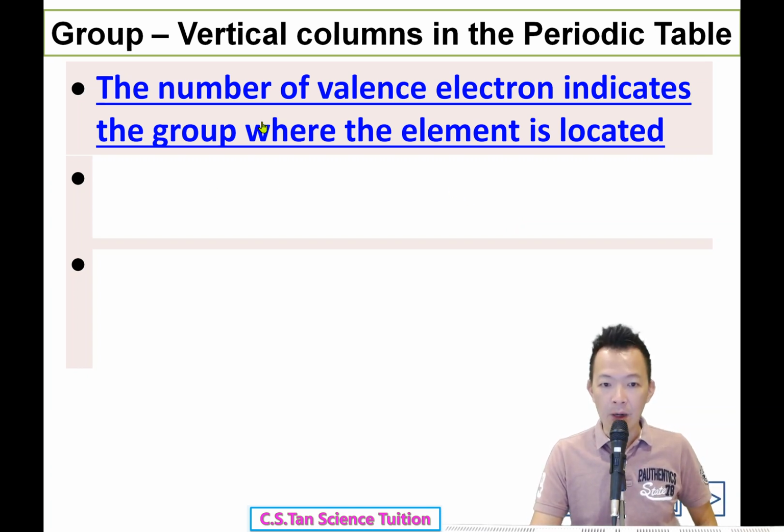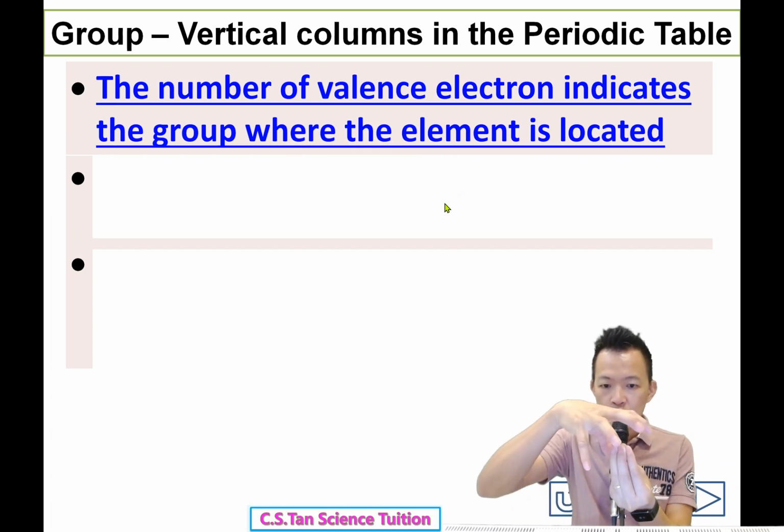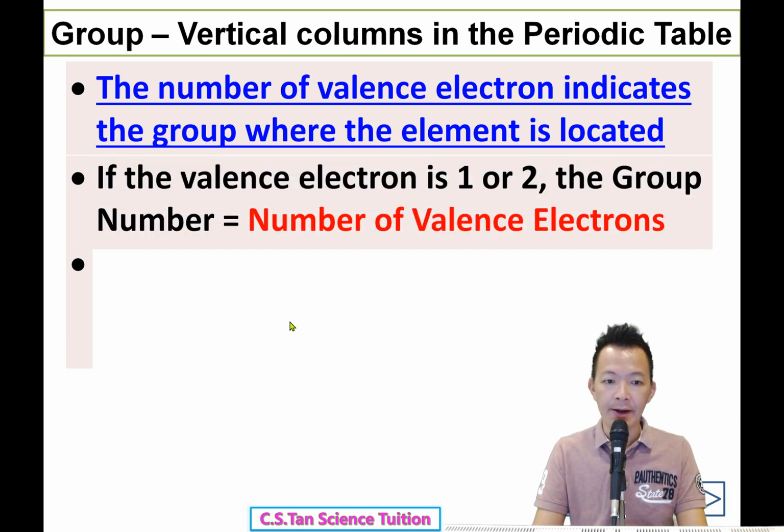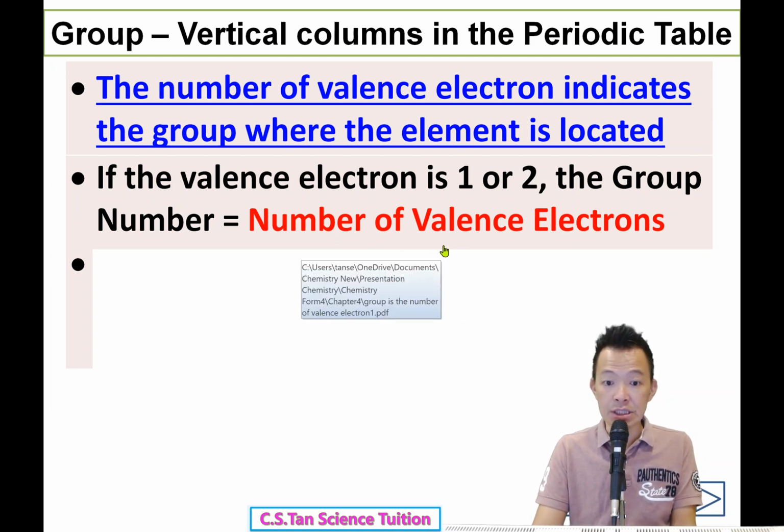The number of valence electrons is the number of electrons in the outermost shell of the atom. So which group the element goes into depends on its number of valence electrons. If the valence electron is 1 or 2, then the group number is equal to the number of valence electrons.